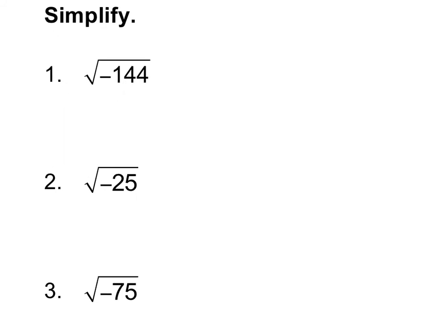Remember, every time you see a negative under the radical, you can replace it with an i. So the square root of 144 could be plus or minus 12. You can write your number as such, or you can say plus or minus 12i.